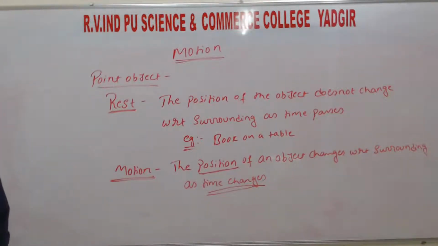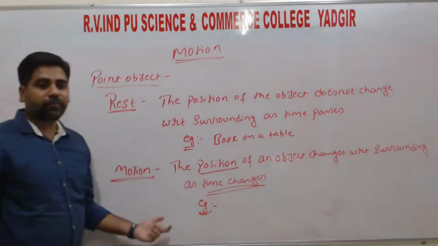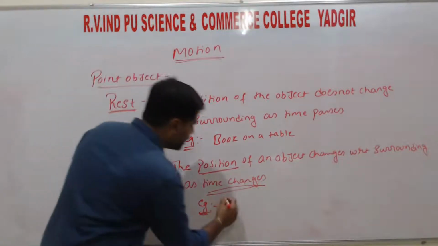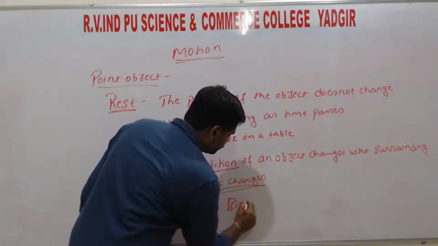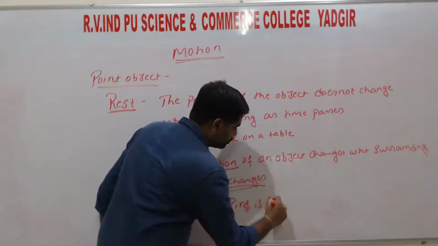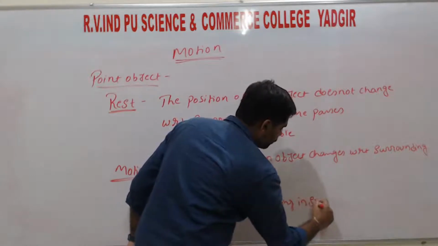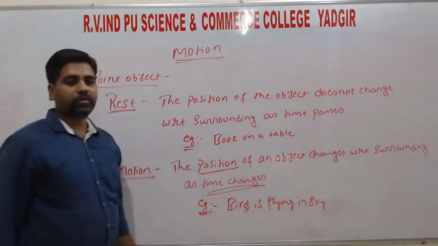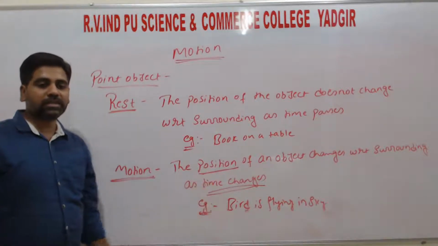So for examples of motion, for example, a bird is flying in the sky. So this is one example. Or any moving vehicle, or a train moving on its track.